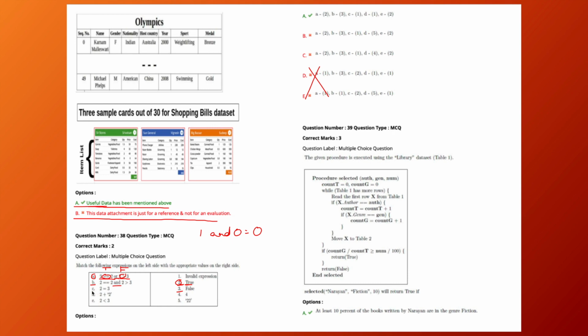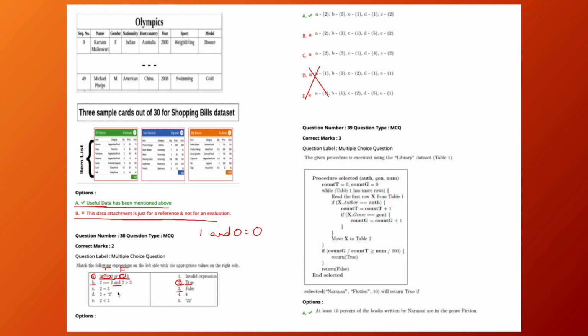Here, expression C says 2 is equal to 3. We know that the equal to operation is actually an assignment operator, which means that we're going to assign, let's say, the value 3 to a variable on the LHS, or the left hand side of the equal to sign. But since 2 is not in fact a variable, we cannot assign anything to 2.